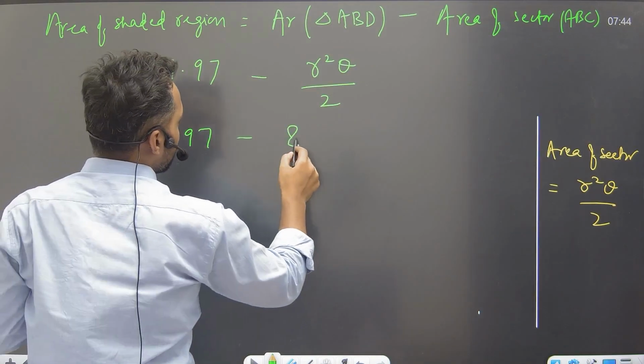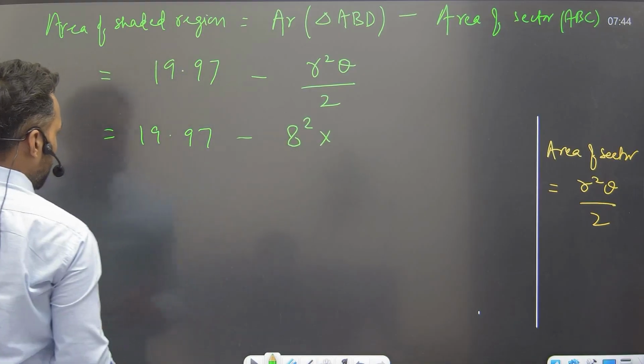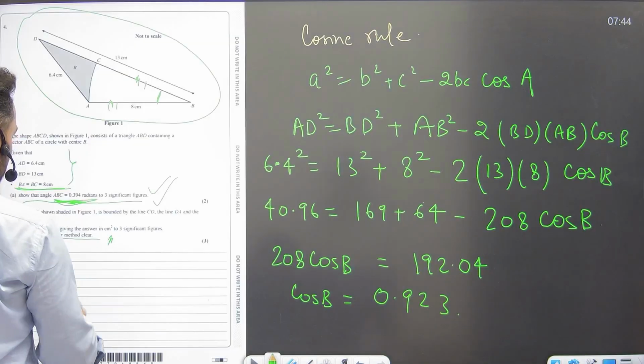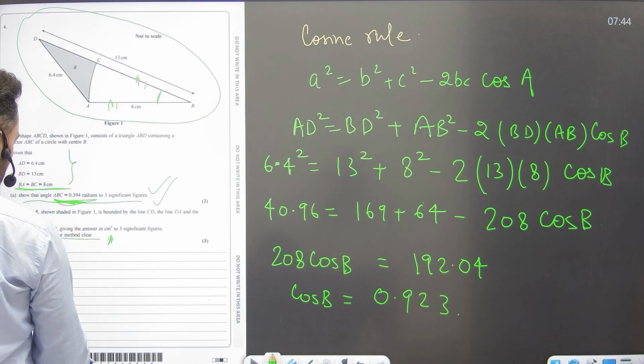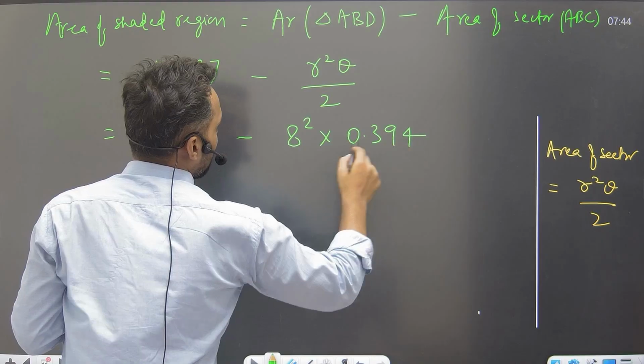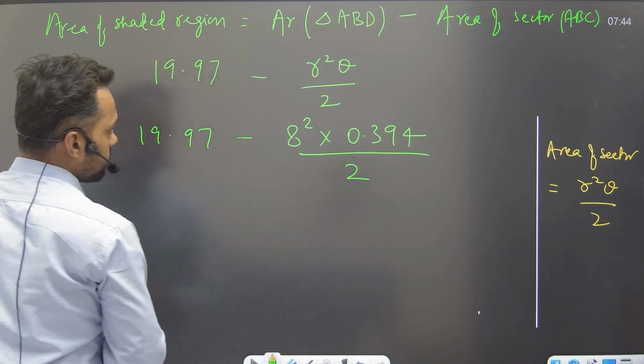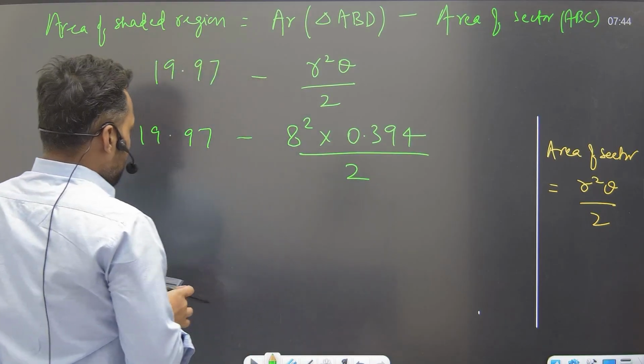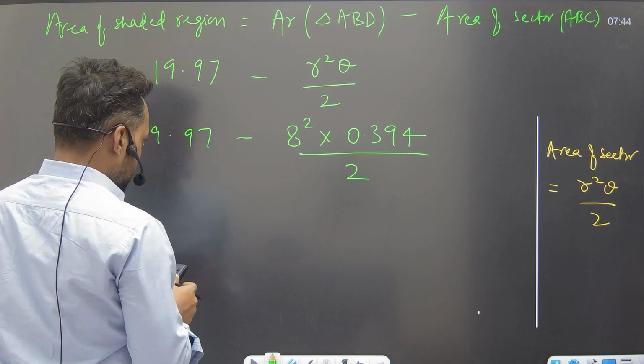So 8 square cross of theta we have already calculated, that is 0.394 upon 2. Okay, so what we'll get here, student, I'll calculate it.